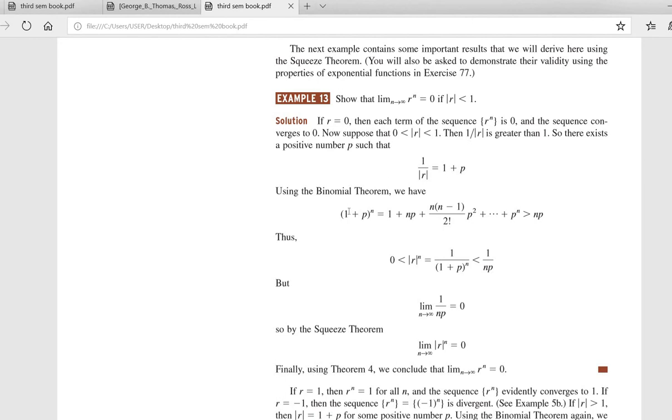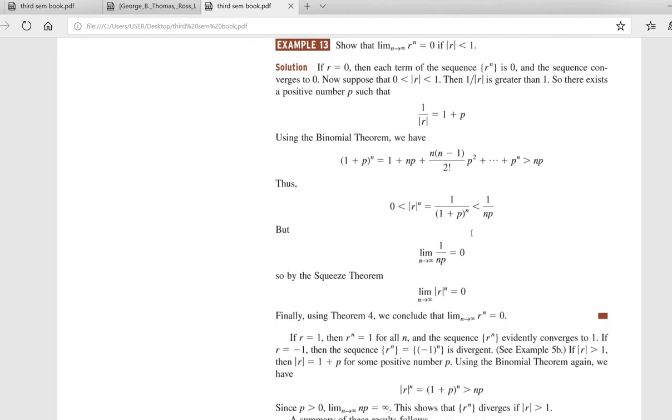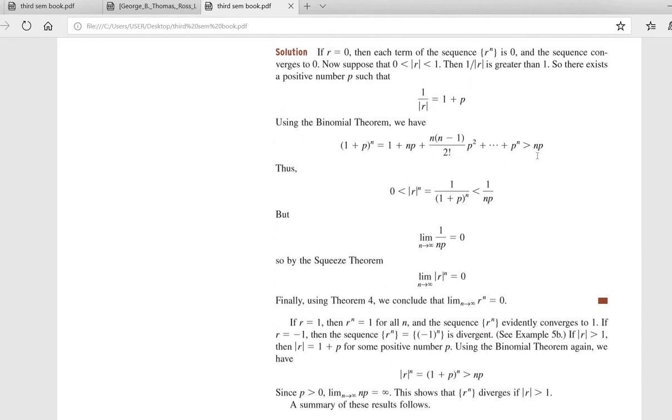Okay. So using binomial expansion, we can expand this and we can see that this is greater than n into p. So 0 less than mod r raised to n is equal to 1 divided by 1 plus p whole raised to n, which is less than 1 by n into p. Okay.